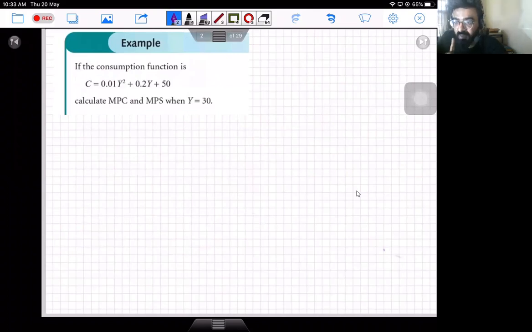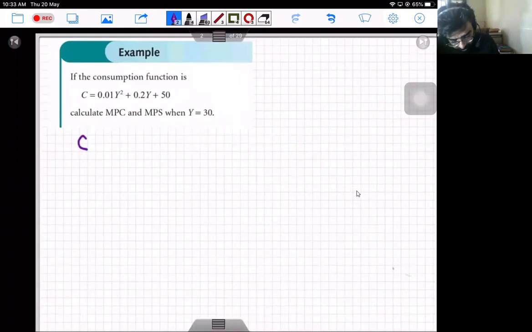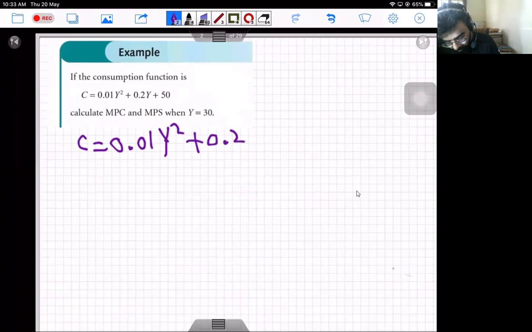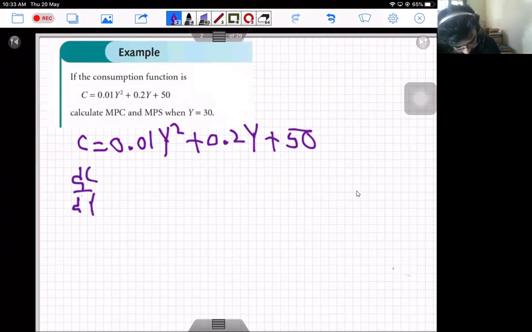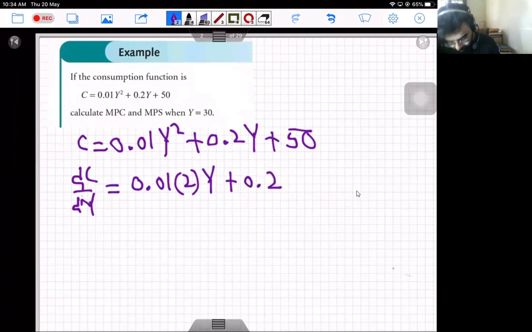Once you are able to find the value of MPC, and since you know that the sum of MPC and MPS is equal to 1, you can easily find the value of MPS as well. So consumption is equal to 0.01 times Y squared plus 0.2 times Y plus 50. The derivative of consumption with respect to income will be 0.01 times 2Y plus 0.2, and when 50, the constant term, is differentiated, it becomes 0.